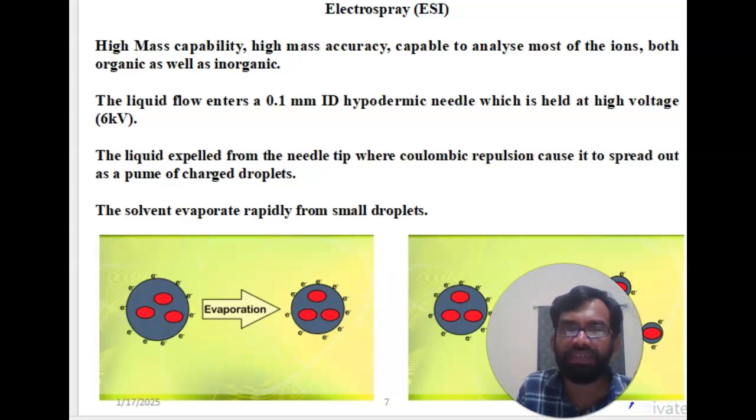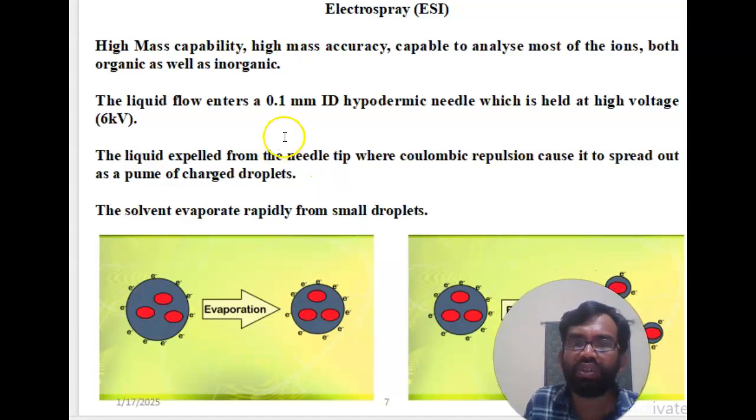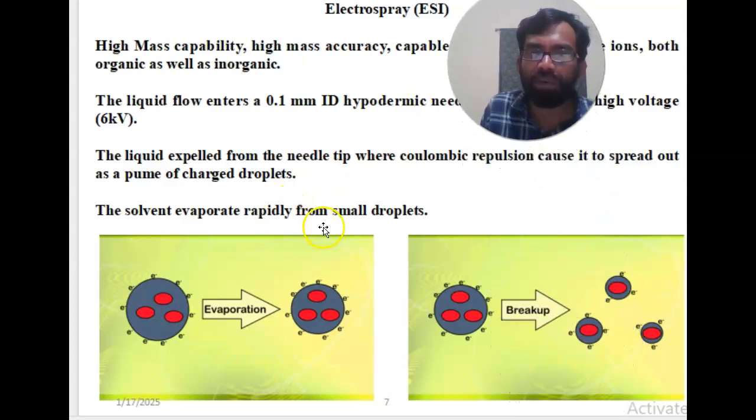The liquid flow rate is about 0.1 millilitre per minute, and a hypodermic needle is held at a high voltage, like 6 kV. The liquid spills from the needle tip, where Coulombic repulsion causes it to spread out as a plume of charged droplets. The solvent then evaporates rapidly from the small droplets.